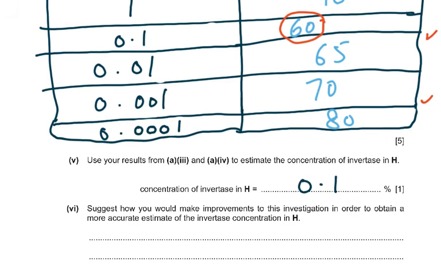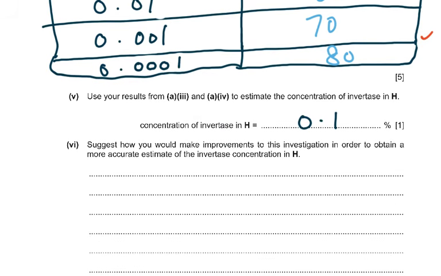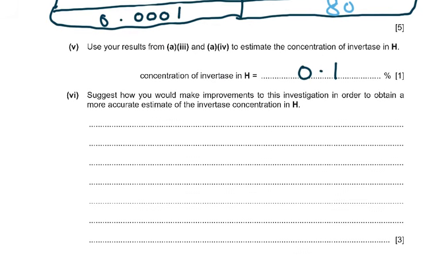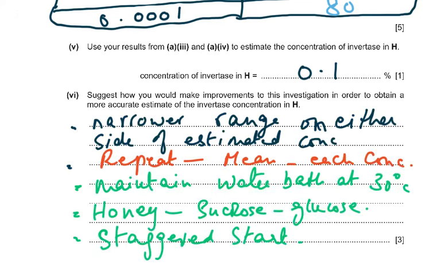Then it says suggest how you would make improvements. Now this is the important part. Suggest how you would make improvements to this investigation in order to obtain a more accurate estimate of the invertase concentration in H. Now of course when you estimate, it's a very casual estimate, so you should take a narrower range on either side of the estimated concentration.